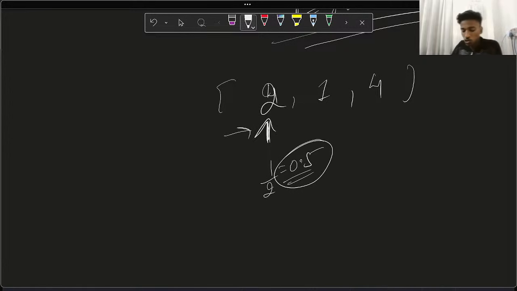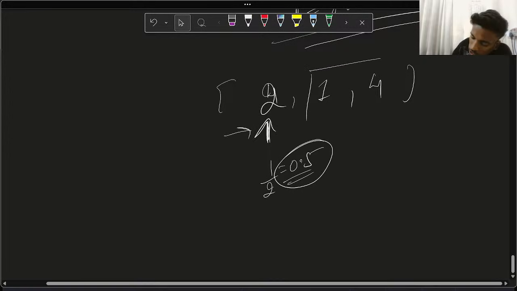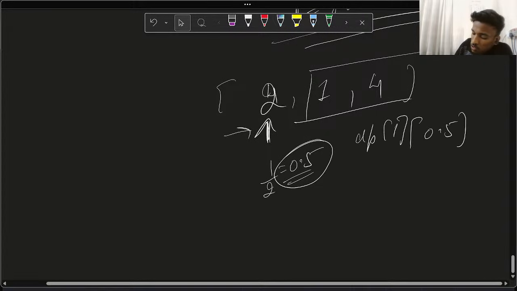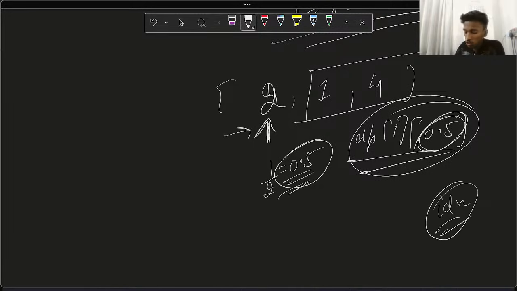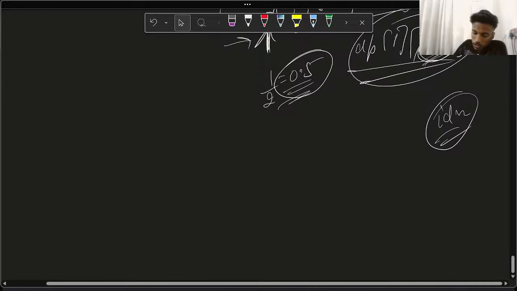How will you store it, like dp of 1 comma 0.5? In memory the index can be only an integer, and you have float values also. Val can be irrational also. So directly putting val is not feasible.